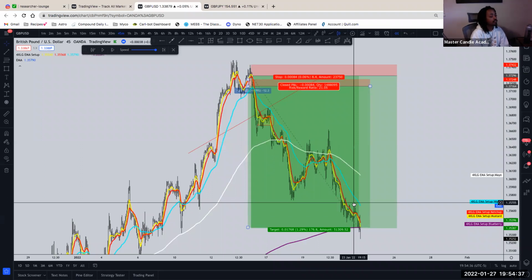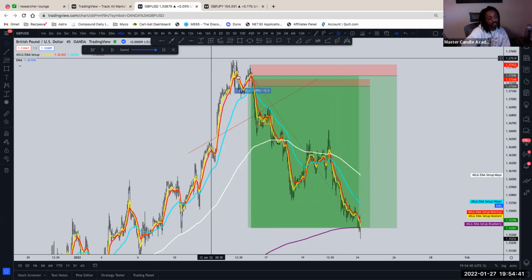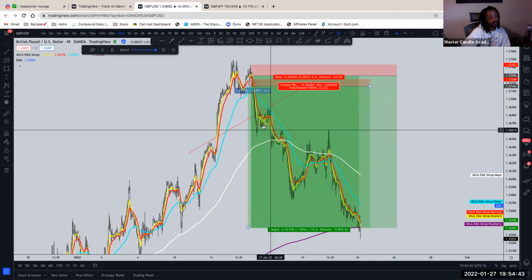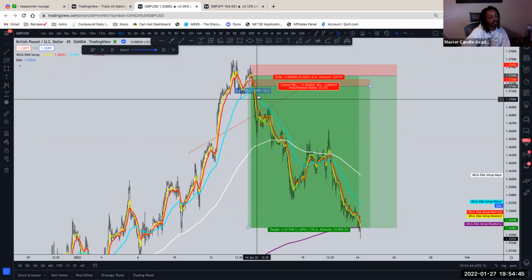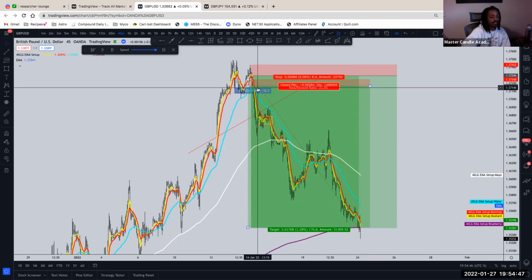But that one time that you place a trade and you legit let your money work for you, because I need you guys to realize every time you close and open a new trade, that's not your money working for you. That's you working for your money. The point of this game is to make your money work for you.